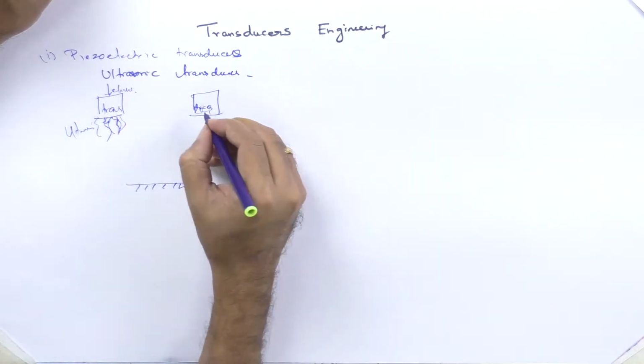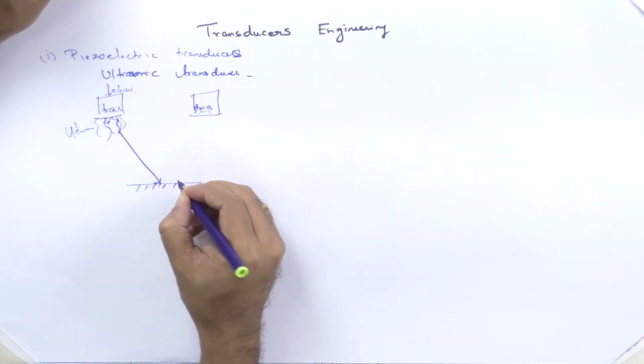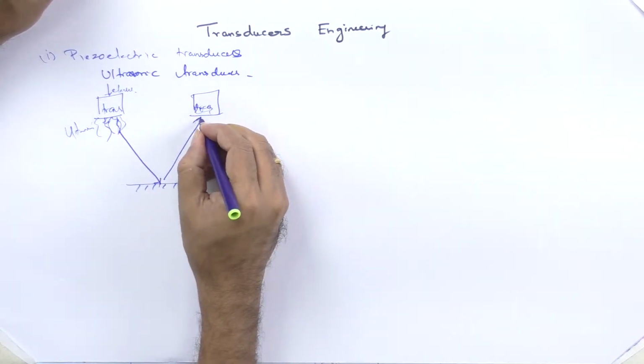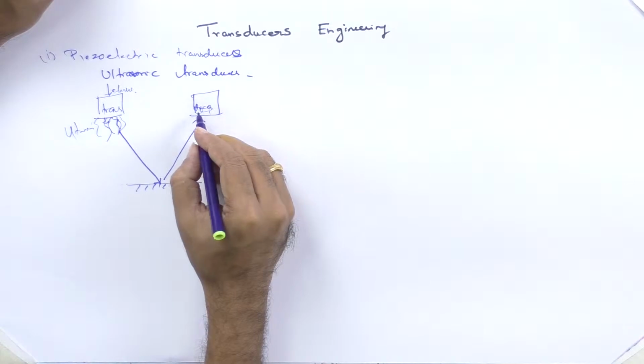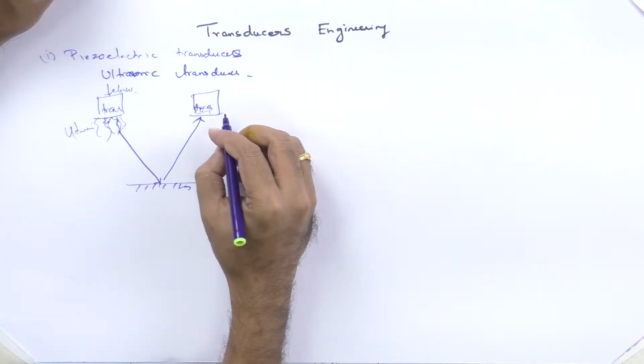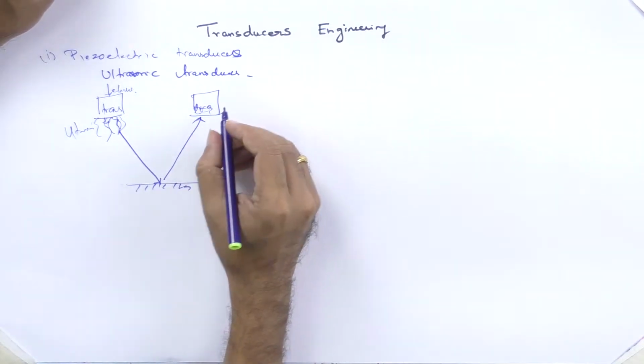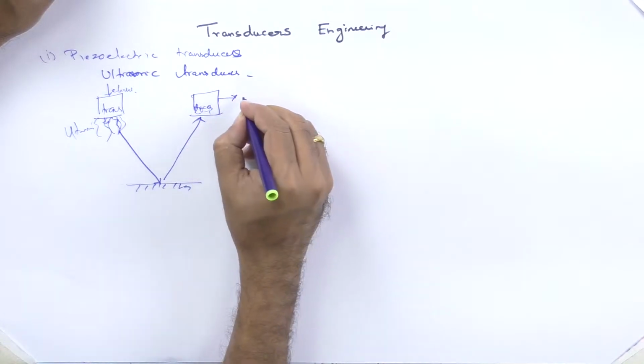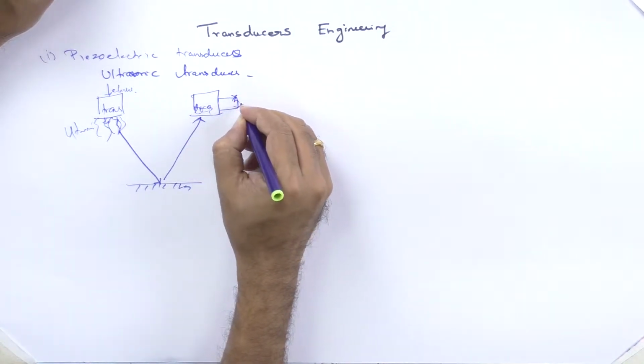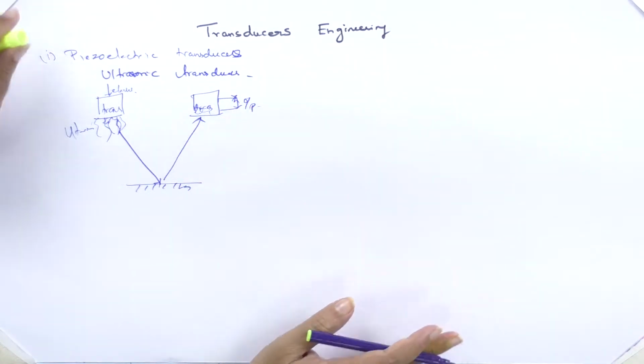It hits the obstacle and returns as an echo, which is received by the receiver and converted to an electrical signal. This is the electrical output. So this is the main application of the piezoelectric transducer in ultrasonic production.